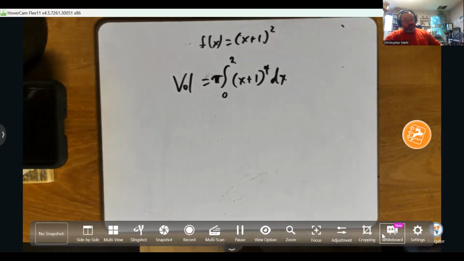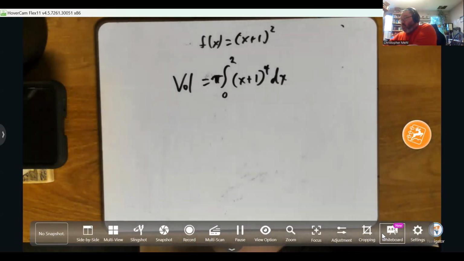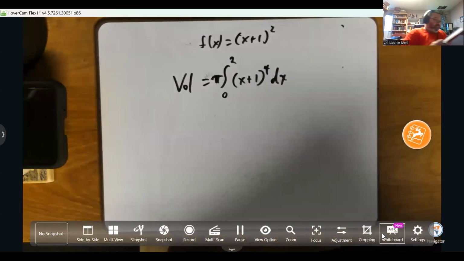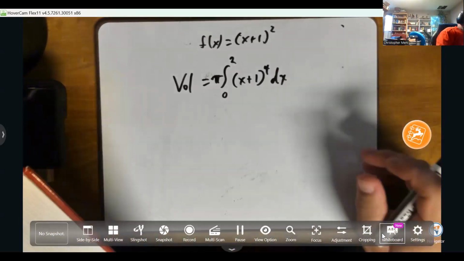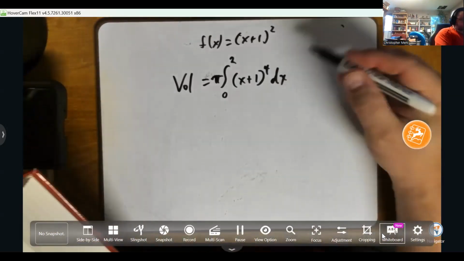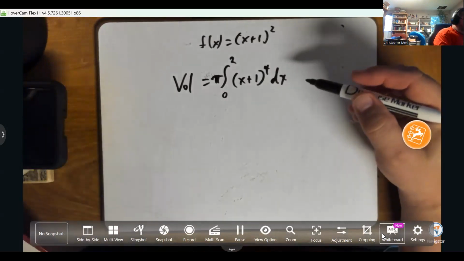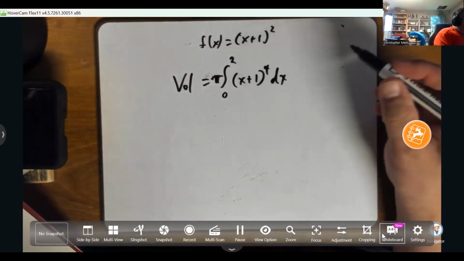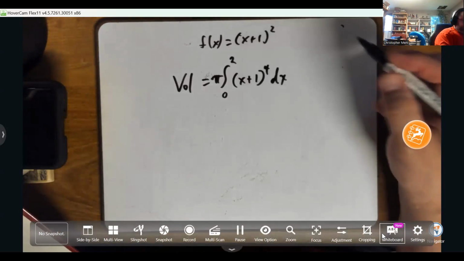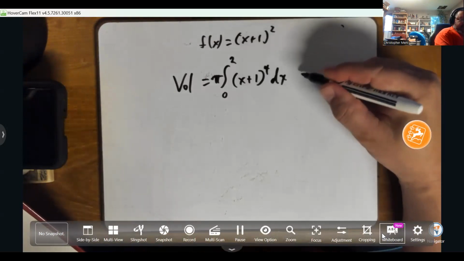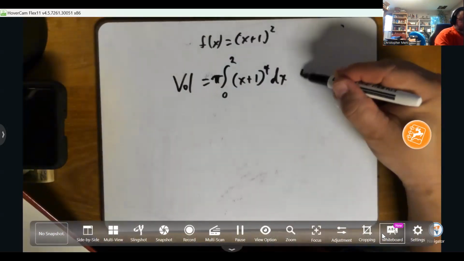And so we would, once again, this is a good case. If you look at this, you could expand this out, but it would take you a while. So I recommend our friend, u substitution.